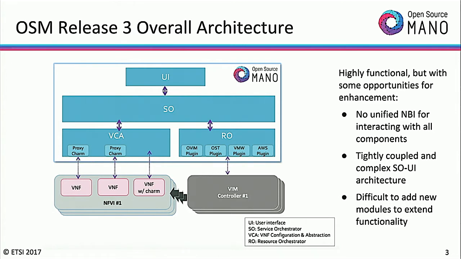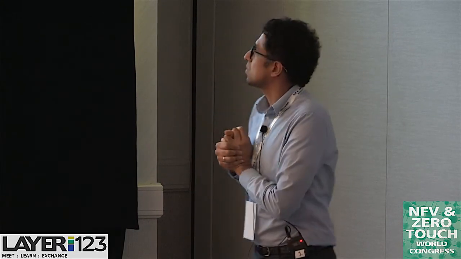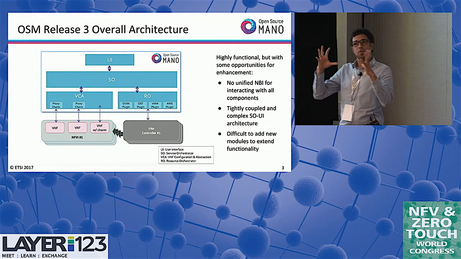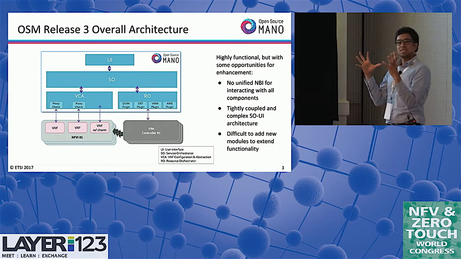For example, there was not a unified northbound interface for interacting with all the components as of release 3. There is an API, but it's limited and only hitting the service orchestrator. So that's an issue we noticed. Another thing is that the service orchestrator and the UI today are tightly coupled, more than they should.